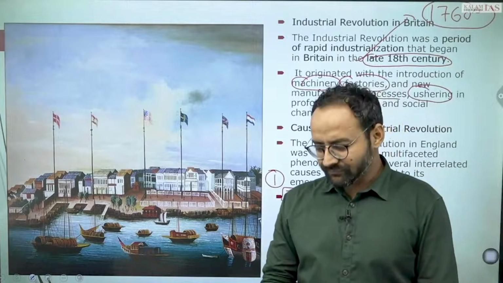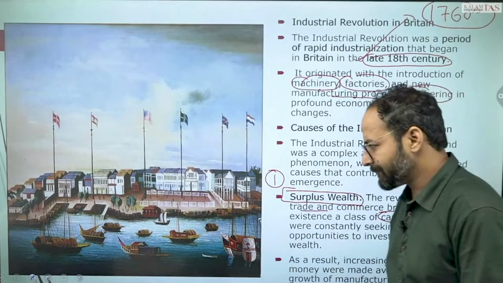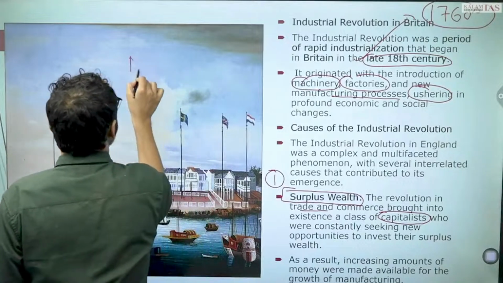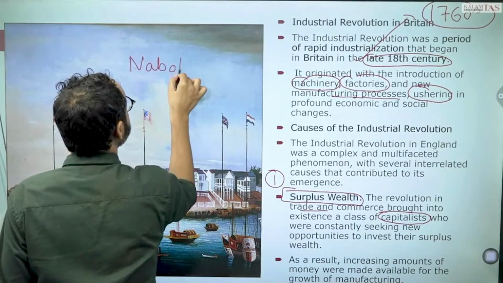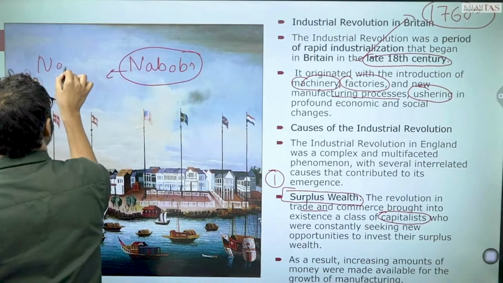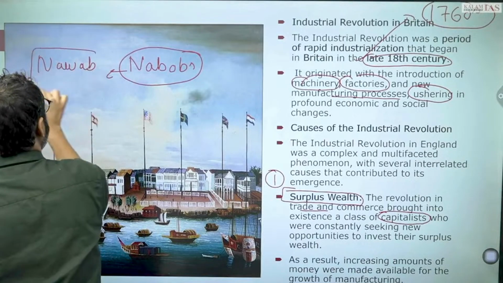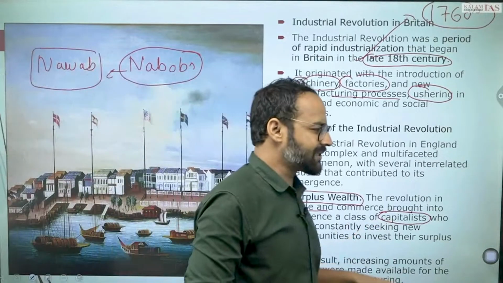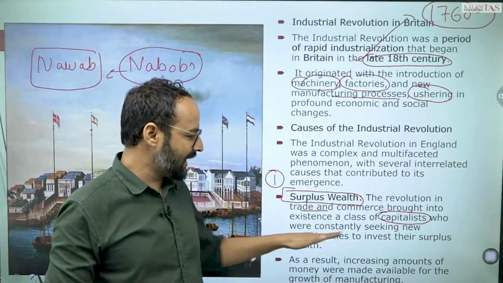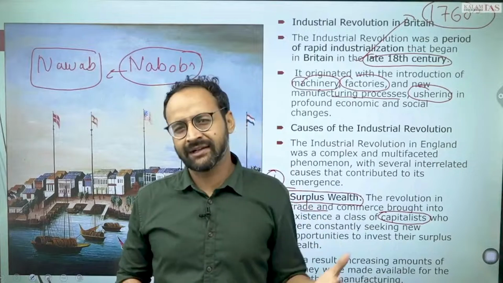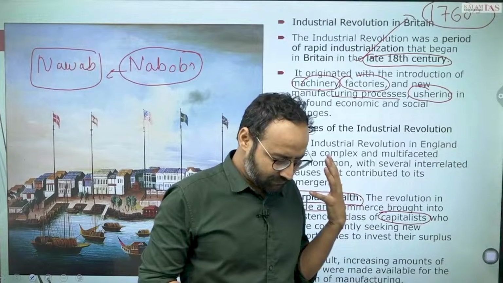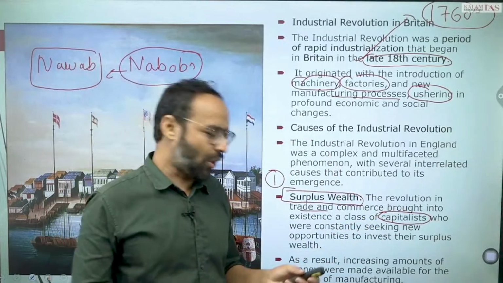The people who were posted in India were called nabobs. Sounds like Nawab. So these capitalists or these nabobs were bringing money from the colonies and investing in new ventures, be it new factories, new manufacturing units, or investing money in stock markets.